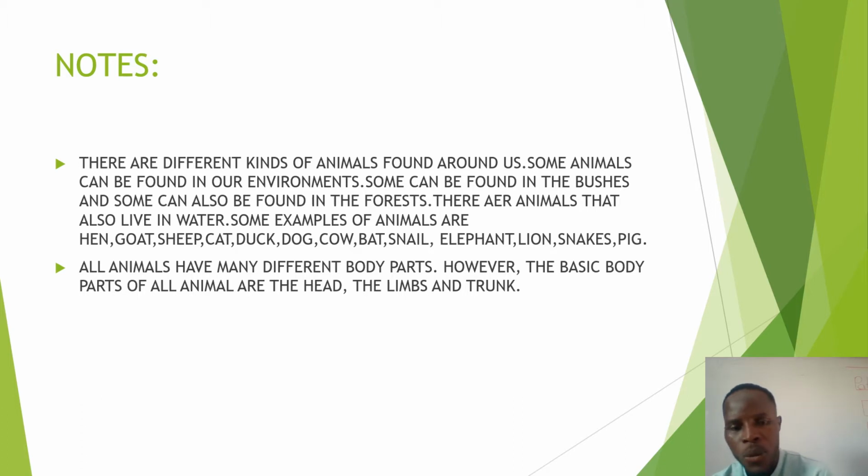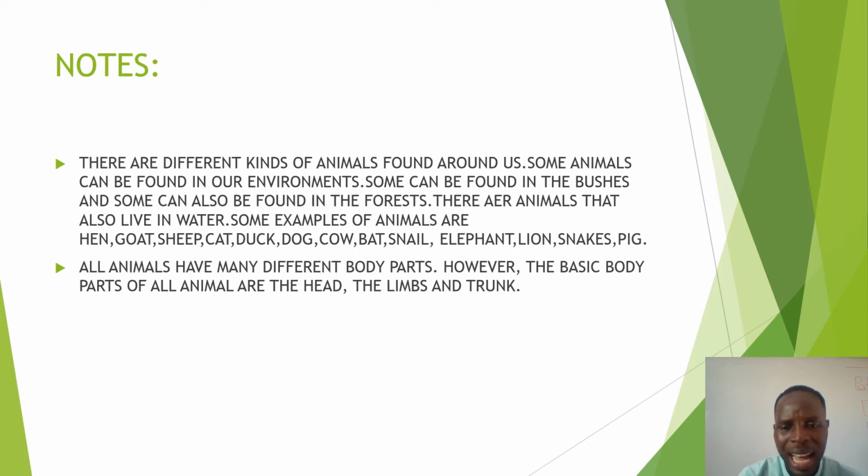Now, we have something brief here to talk about. There are different kinds of animals found around us, around our environment, around our locality. Some can be found in the bushes, and some can also be found in the forest.